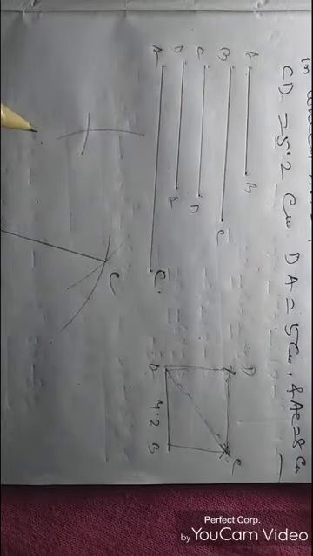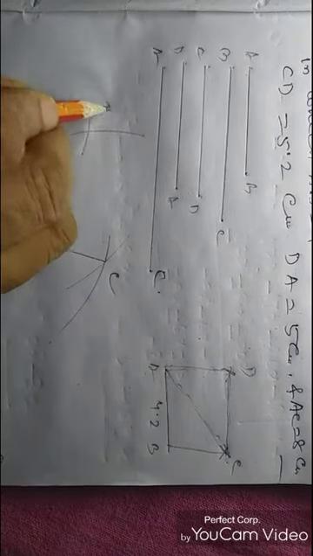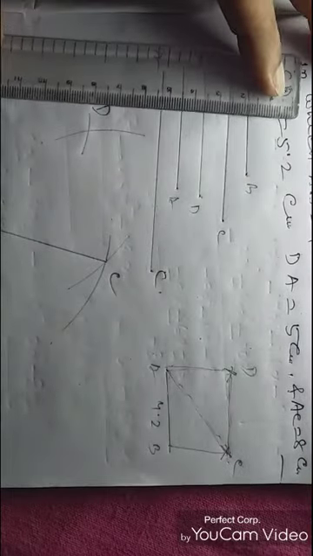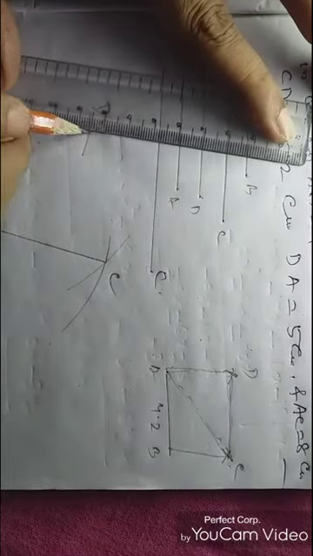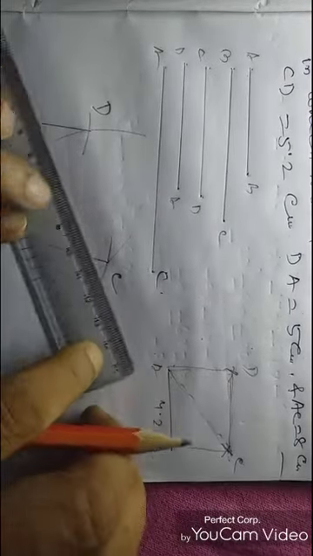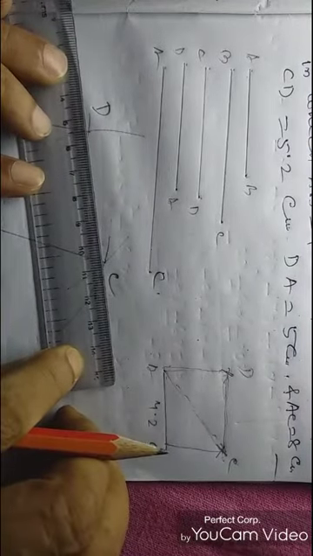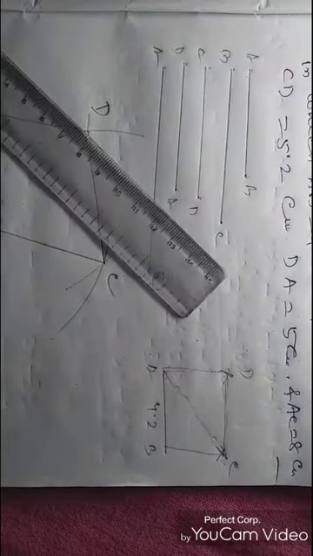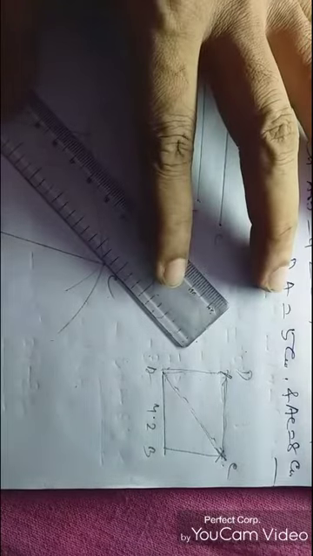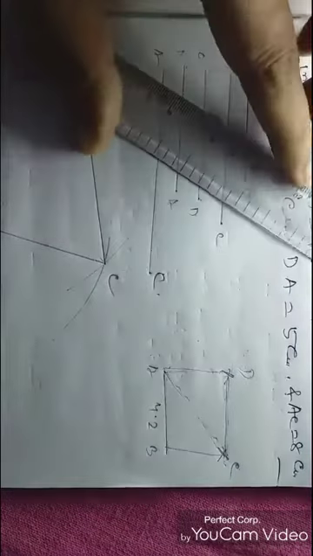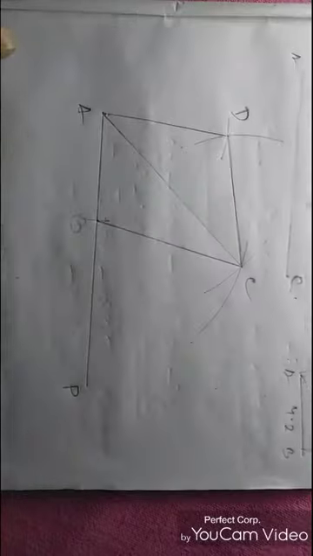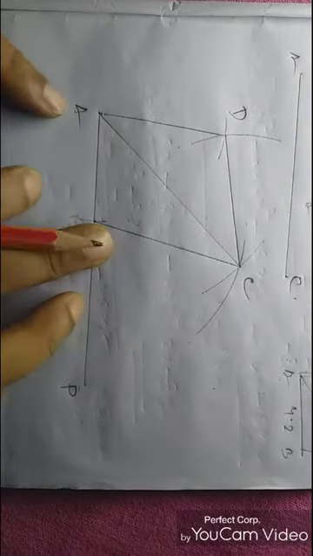You will get the intersecting point at D. Now join AD and DC. So this is AC, you can put it like over here. So your required quadrilateral ABCD is already drawn.